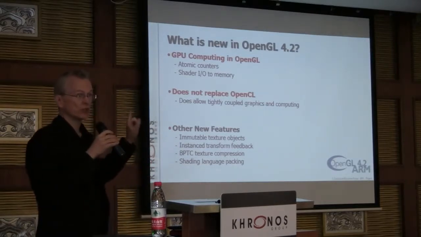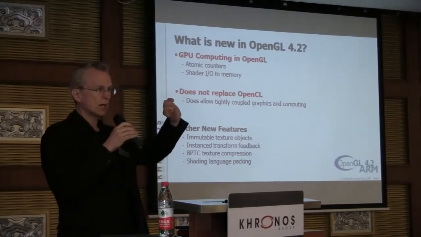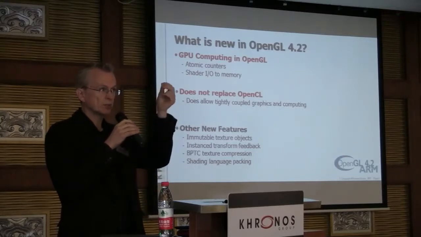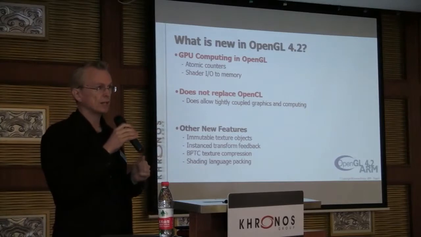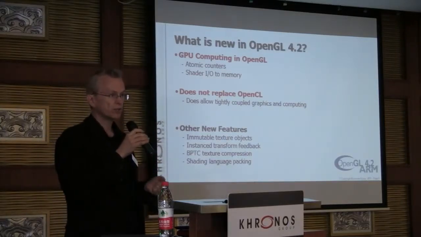But what these new features give you that OpenCL does not have is the ability to combine computing and graphics in a very tightly coupled, close fashion. I'll give an example of this in the next slide, the kind of thing that this allows you to do. I will mention the other features.